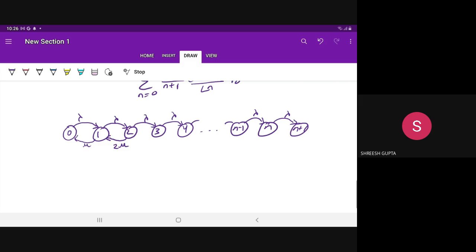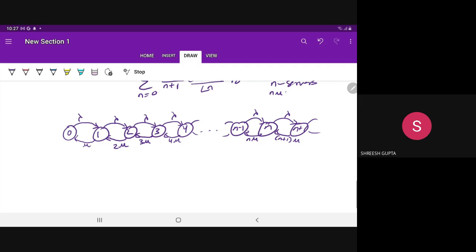In the theorem also I told you, when we have a homogeneous system with n servers, the service rate will be n mu. Similarly here we have 3 mu, 4 mu, n mu, n plus 1 mu. And that is the self-service model.